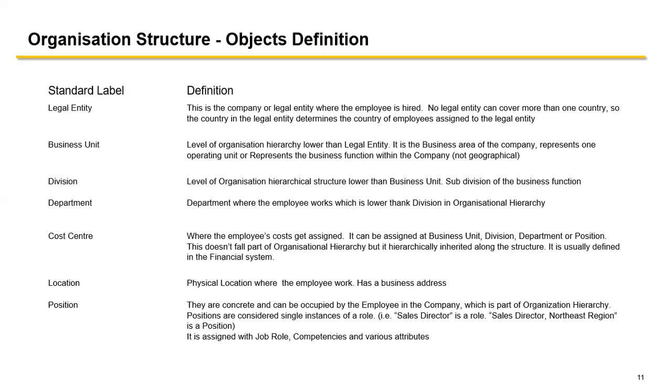Business unit is the level lower than the legal entity, which determines how the functionality of the legal entities is defined or segregated on the basis of business area. For example, I will take the example of Barista. Barista has different business units. They have CPG, the consumer product goods.